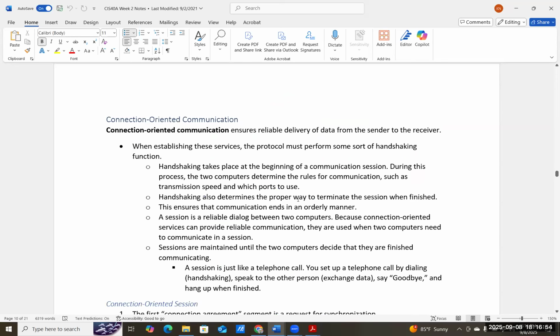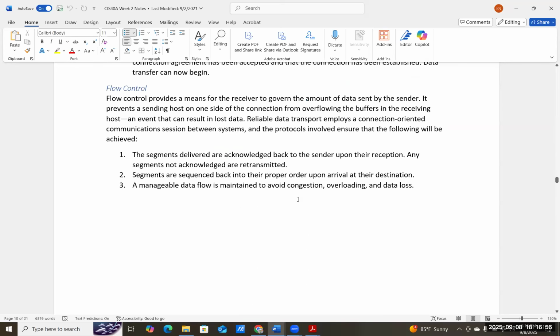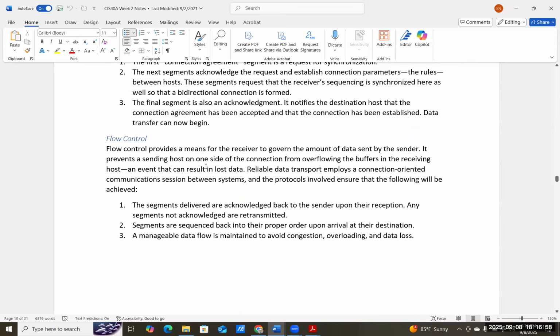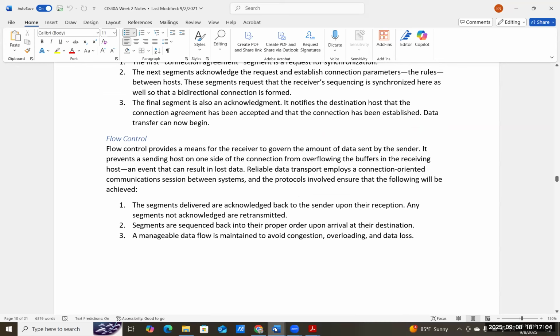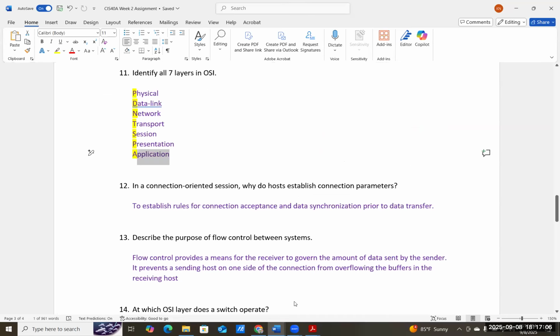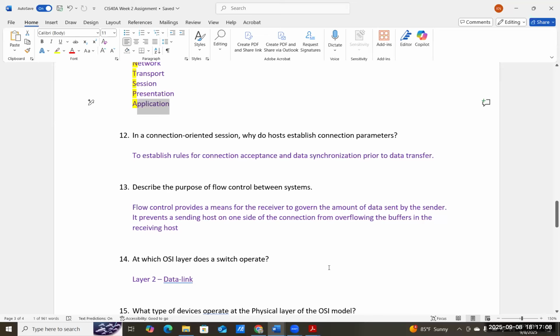Okay. Connection oriented and connection less, but we're going to talk about flow control. Like I mentioned before, flow control is a way that we can regulate how much data can be passed through the network. Just imagine if we have bulk data, which is what we do now.